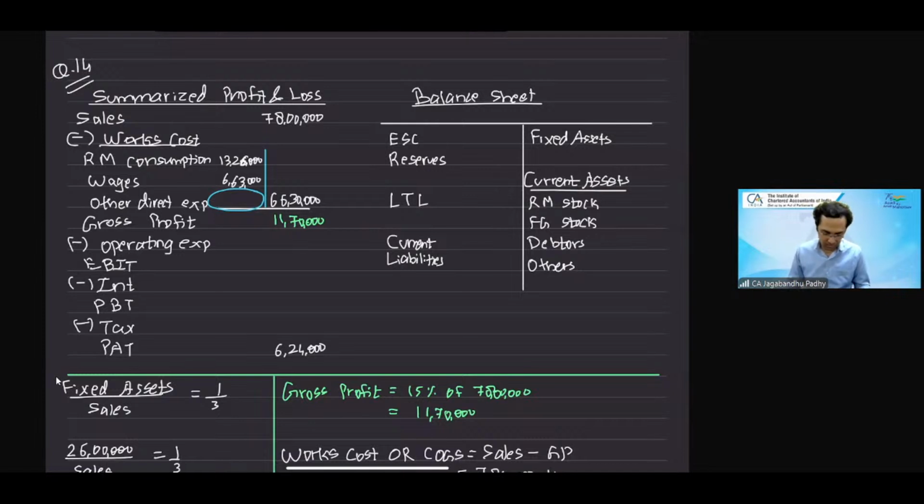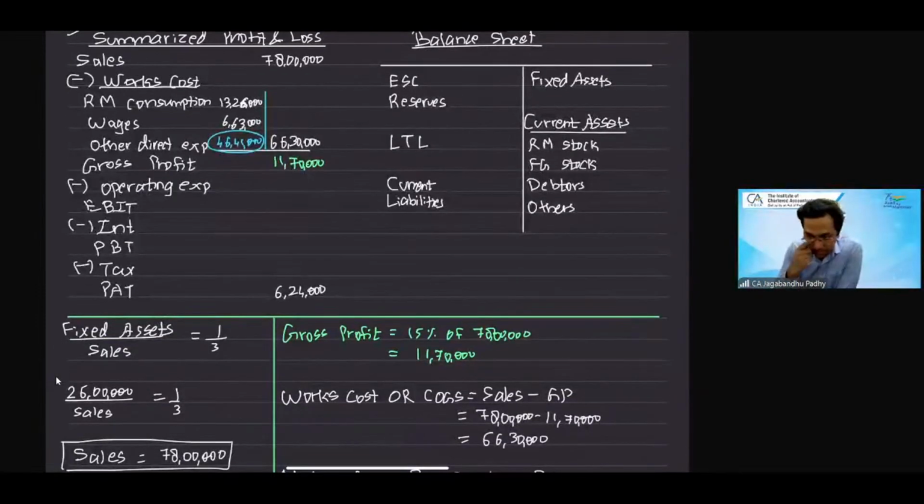So the balancing figure is 46,41,000. That's the other direct expenses.